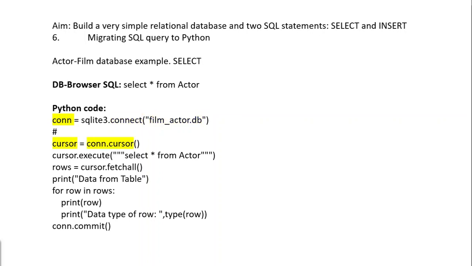Next, the cursor is defined on the con database. The execute method is then applied to the cursor, where the parameter is the SQL statement select star from actor, contained within triple quotes.